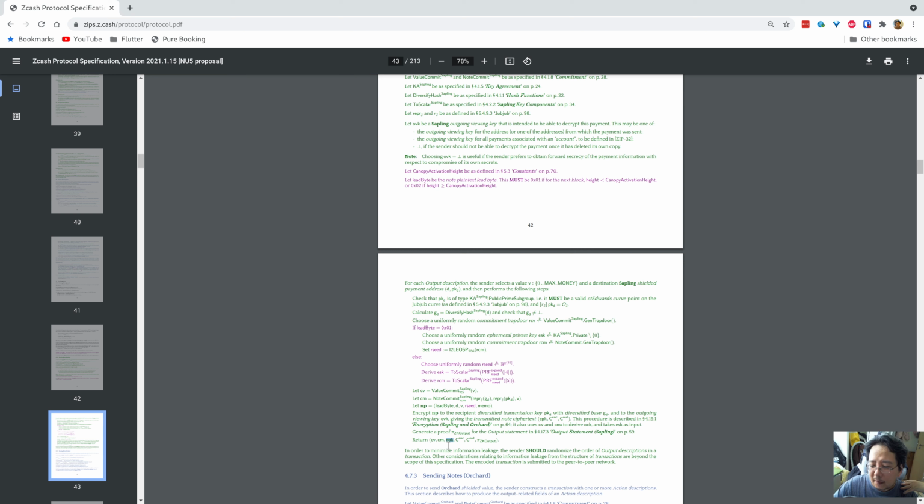Now the last part, how to make a transaction, is where this is very hairy, because part of making a Zcash proof is pointing out your note inside that big list of notes, right? All these note commitments, you know which ones are yours, you know which ones you want to spend.